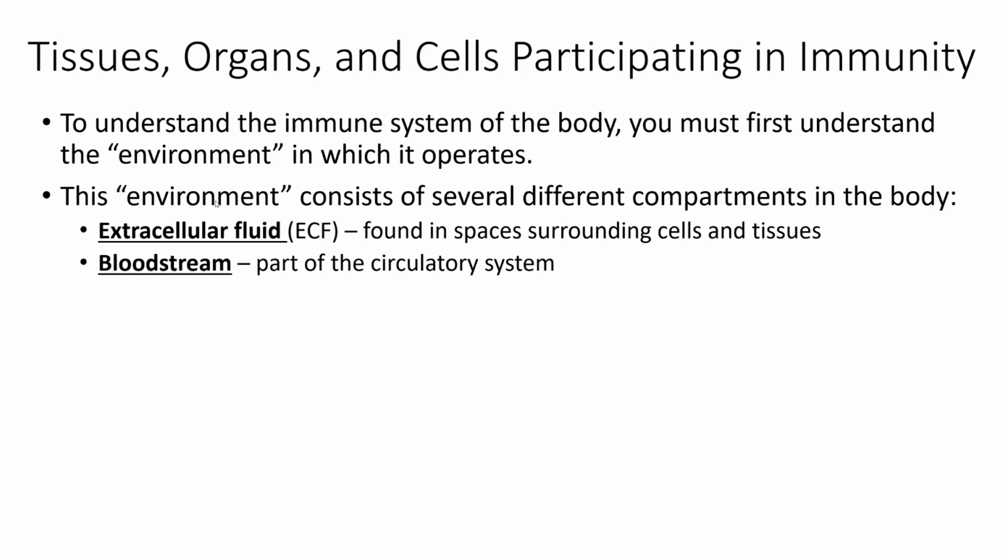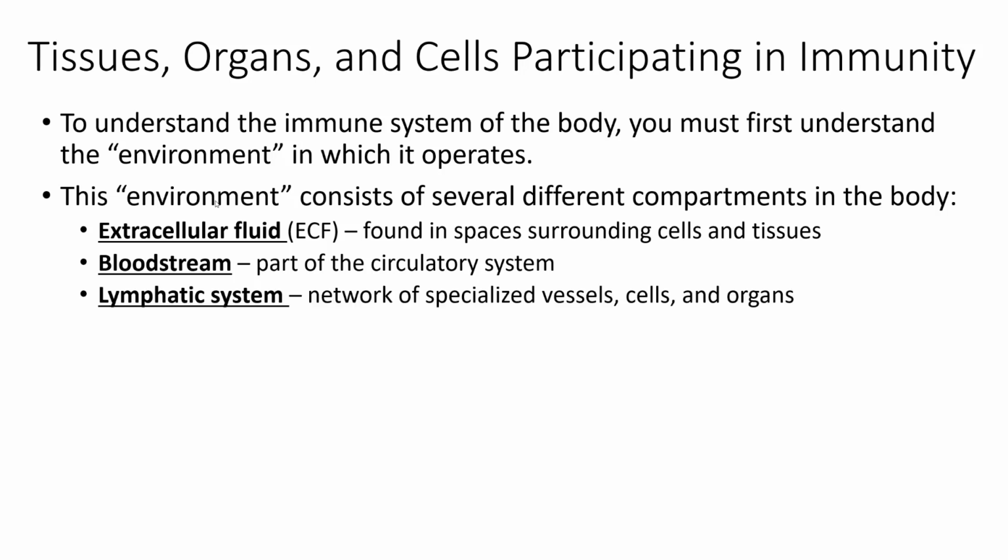Another would be the bloodstream. Generally speaking, the circulatory system. That's another area. Another important one is the lymphatic system. And although the lymphatic system does a couple key things, one of the things that it really specializes in is transporting white blood cells, and not only transporting but housing and storing white blood cells. In fact, the lymph node that I drew in that little illustration is part of the lymphatic system.